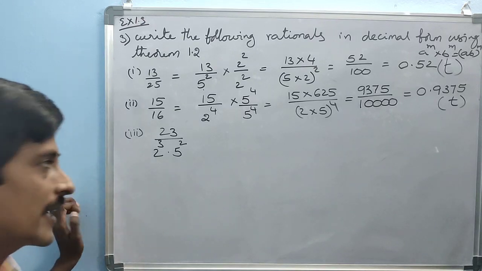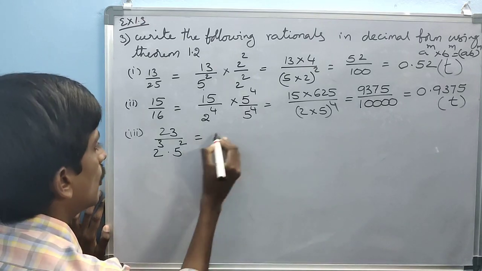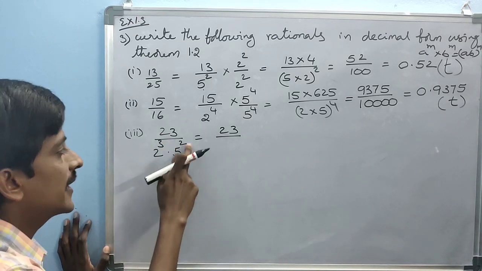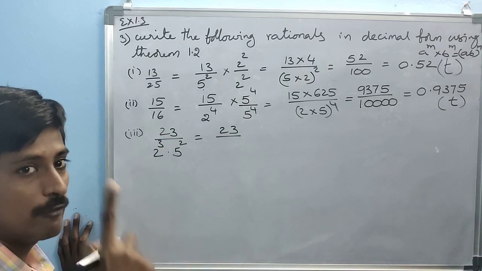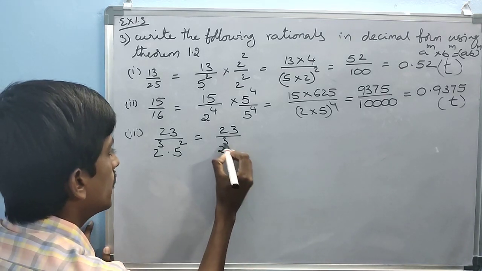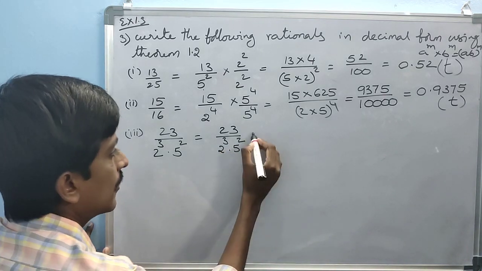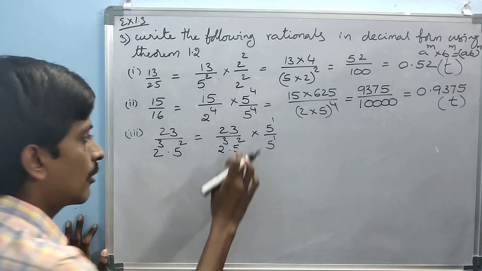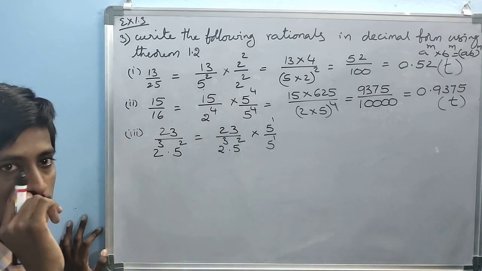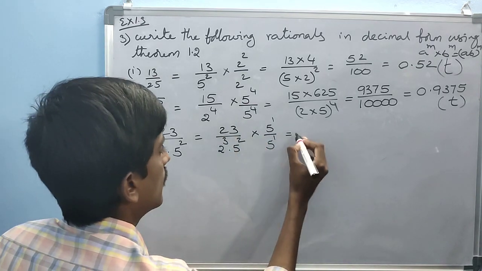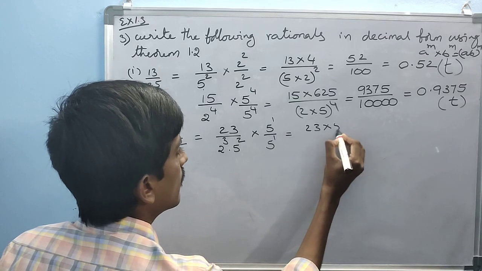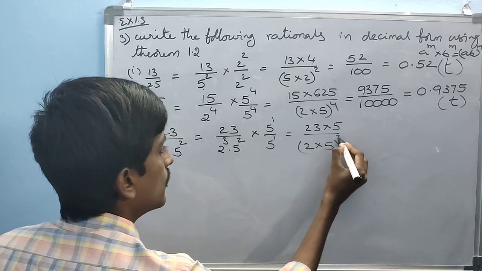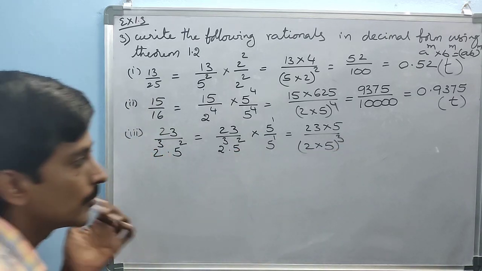So 23 by... what is the highest power here? 3, but here there is only 5 square, so we need 1 more power. So 2 cube into 5 square, both numerator and denominator multiplied by 5 power 1 by 5 power 1. So now 2 plus 1, 3, same powers. 23 into 5 by 2 into 5 whole cube. Highest power is 3, so whole cube.